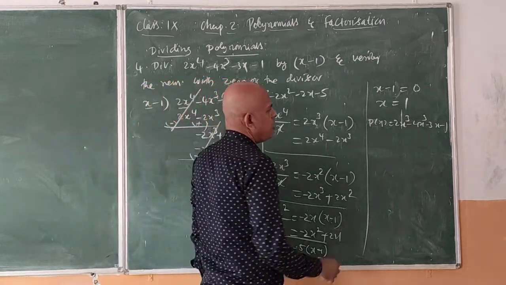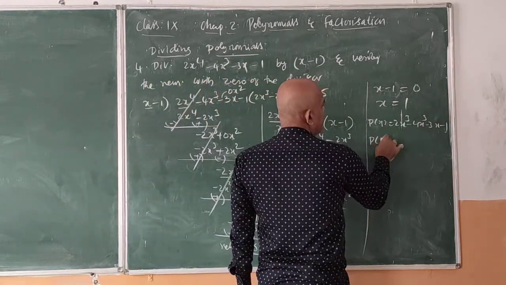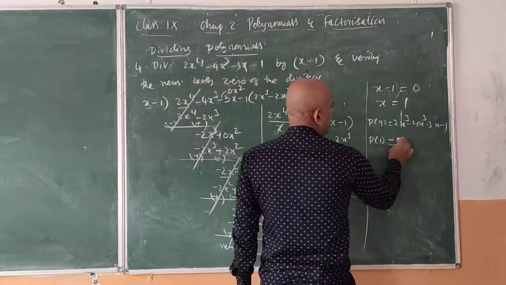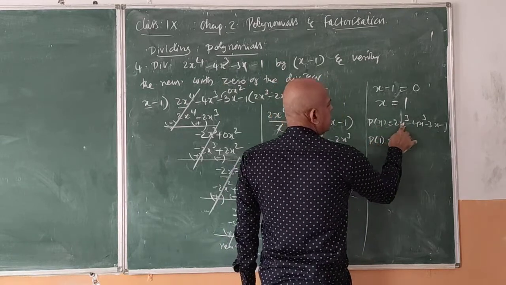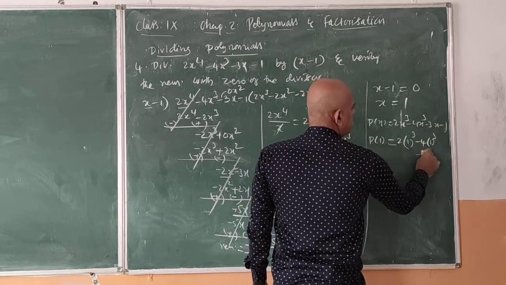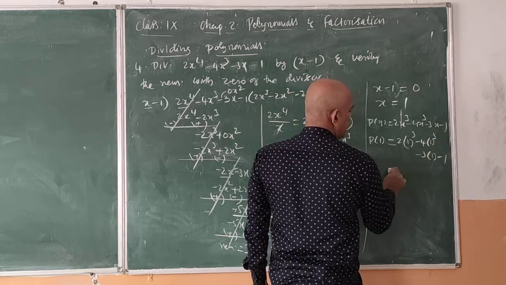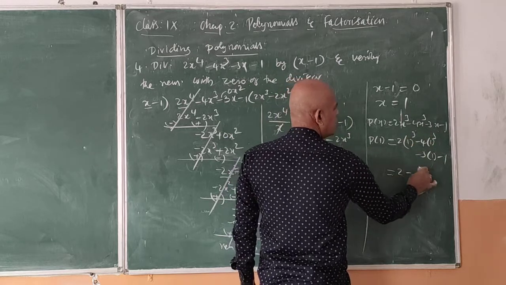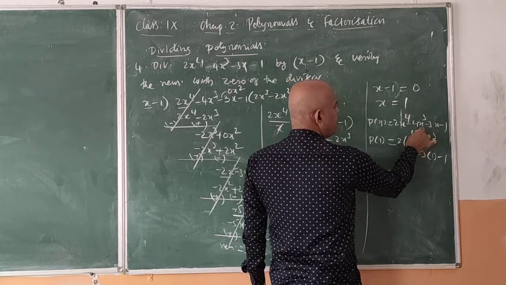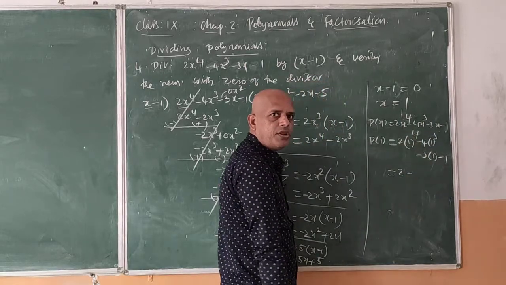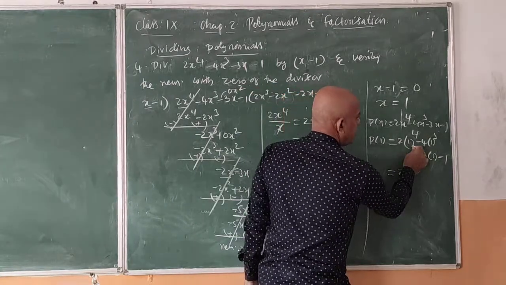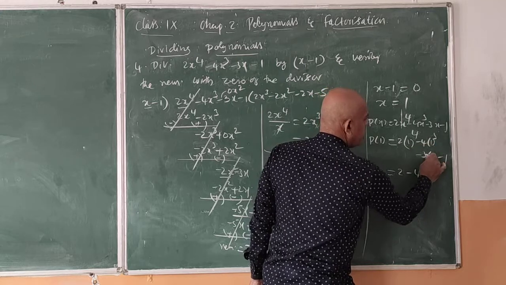So let us verify this now. x value we have to substitute 1. P of 1 value. What should we get as the remainder here? Remainder should be minus 6. Let us verify by substituting 1 in place of x: 2 into 1 power 4, 4 into 1 cube, minus 3 into 1, minus 1. 1 power 4 is 1, 1 into 2, 2. 1 cube is 1, 1 into 4, 4. 3 into 1, 3, minus 1.